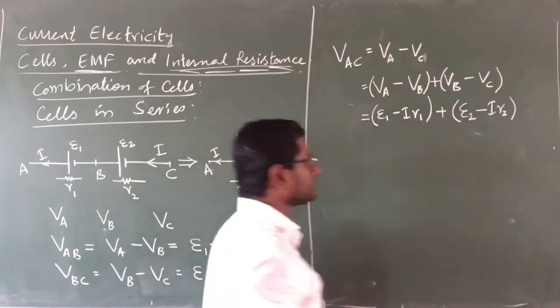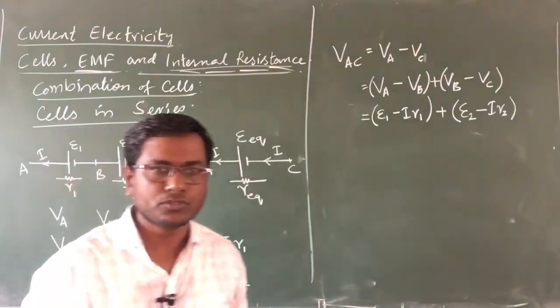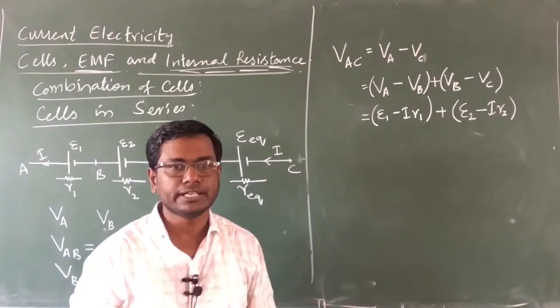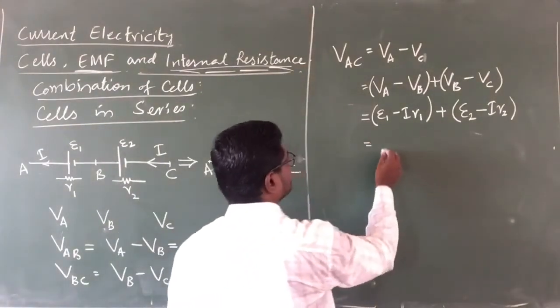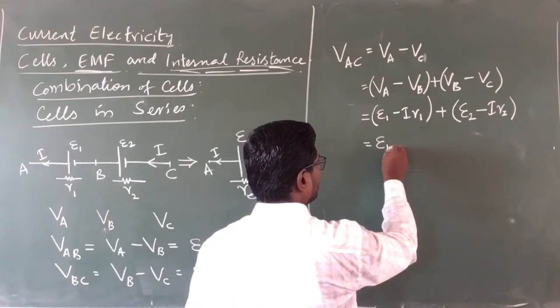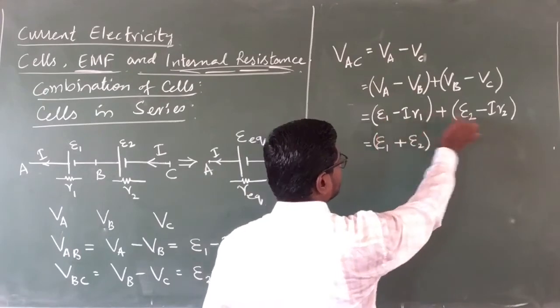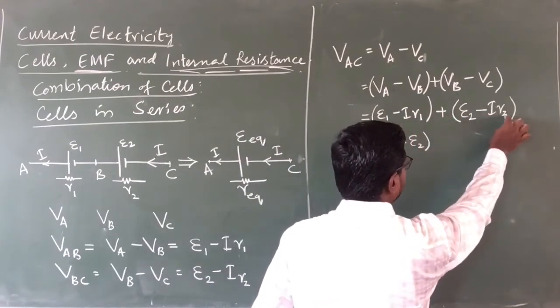R2. Now, in that equation, I have two terms which contain epsilon, and two terms which contain the internal resistances. So I can group them together. So this is going to be epsilon 1 plus epsilon 2. This is minus I into R1, this is minus I into R2.